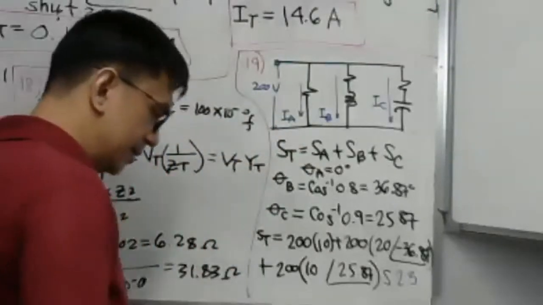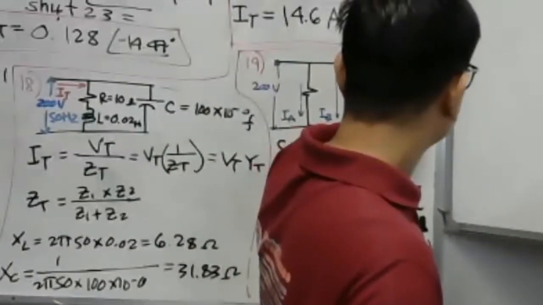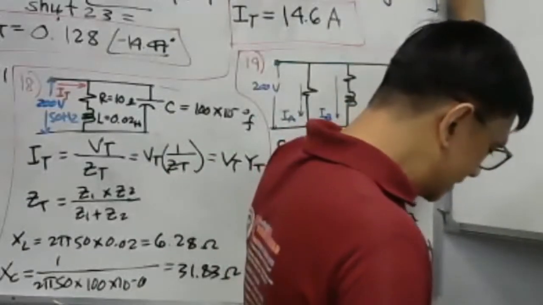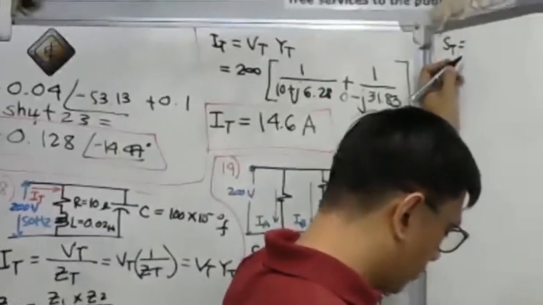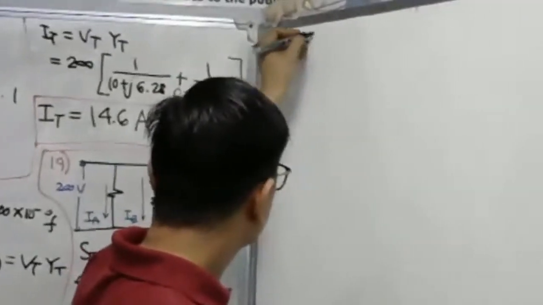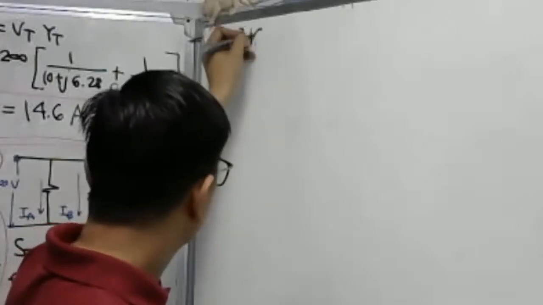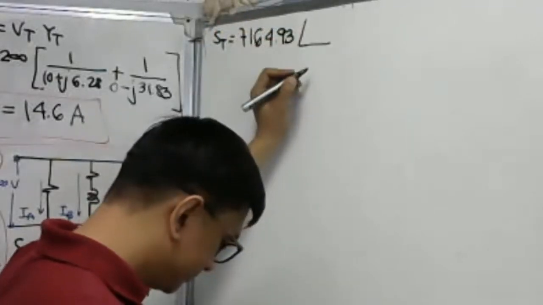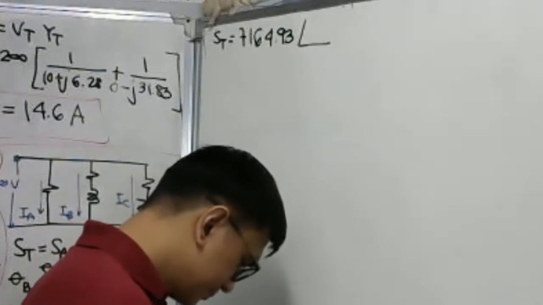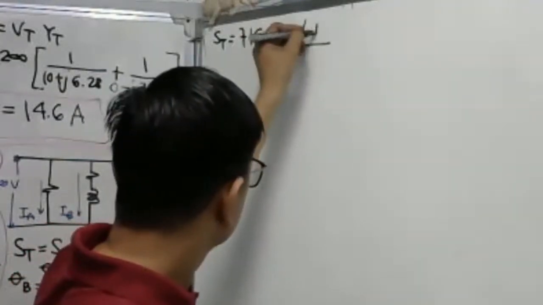I'll just give you the value so you can verify. Our ST would be 7164.93 at an angle of negative 12.32 degrees.